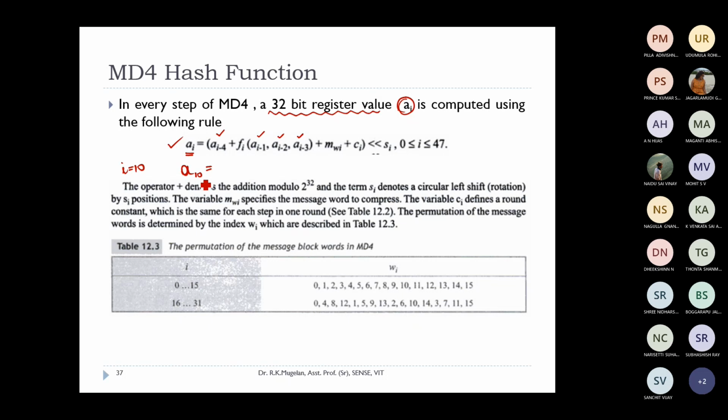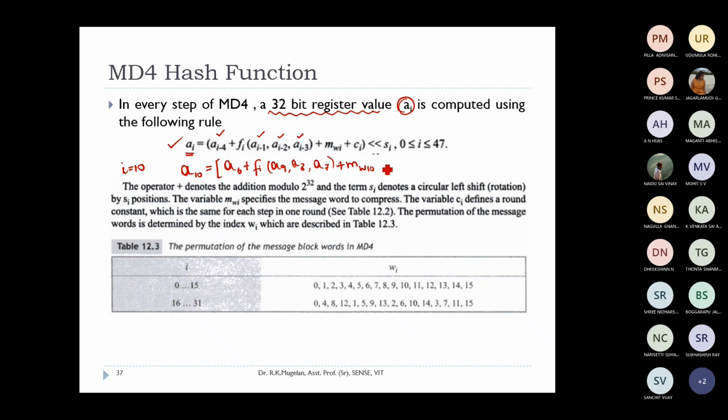Numerical base, 10th step means you'll be taking Ai-4, that is A6, plus Fi of A9, A8, A7, right, plus MW of I, where I value is 10 here.